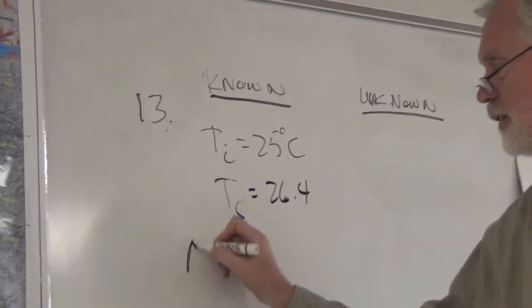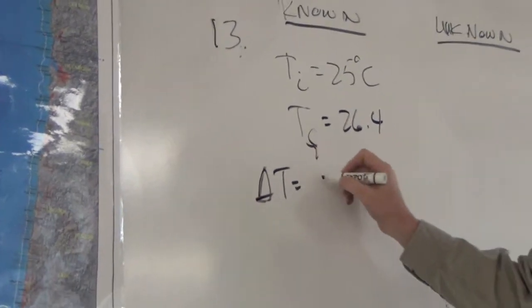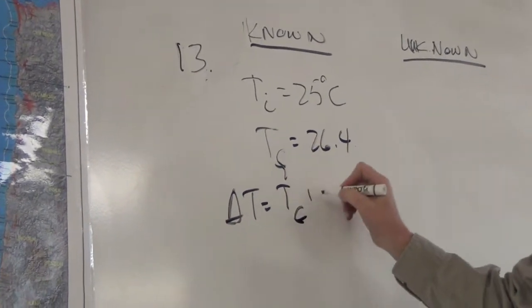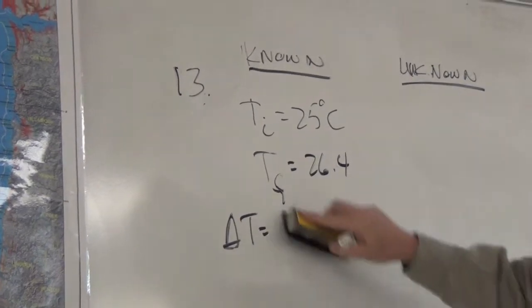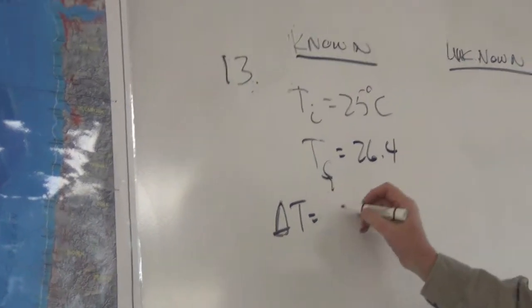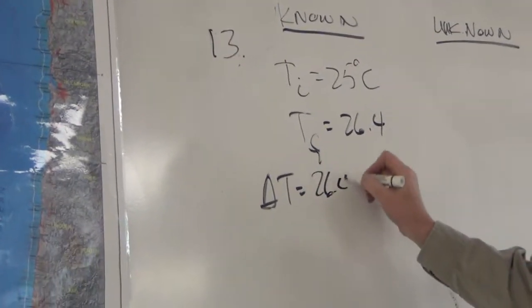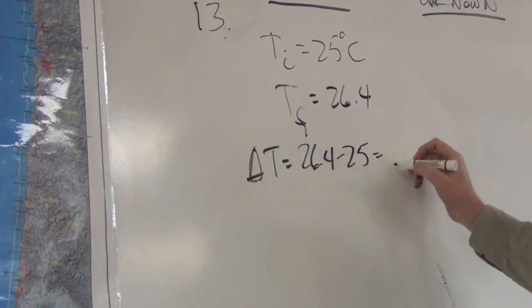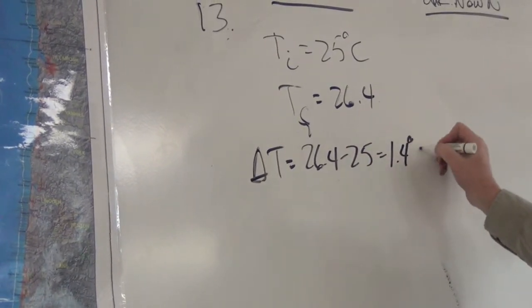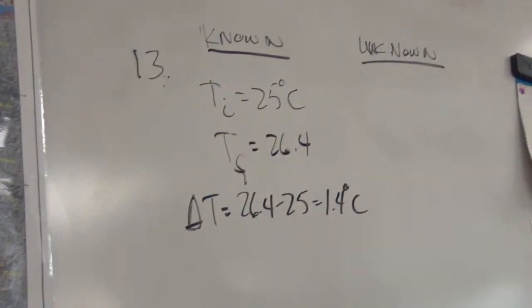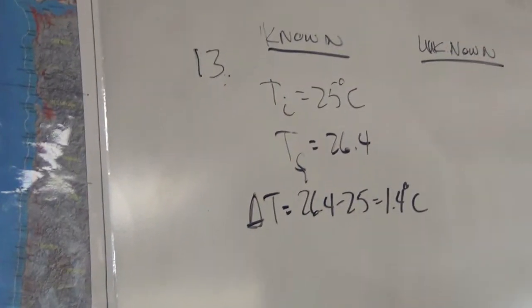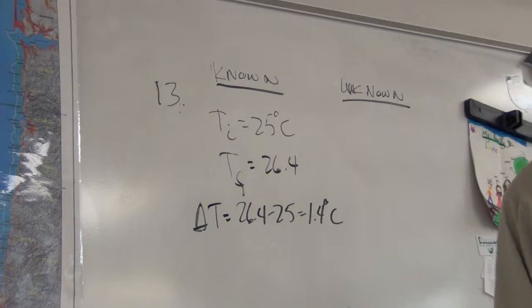Let's just do delta T right now. You all know that equation now, don't you? 26.4 minus 25 equals 1.4 degrees Celsius. That's our change in temperature. Good? All right, what else do we know?